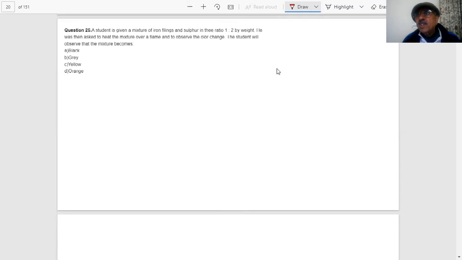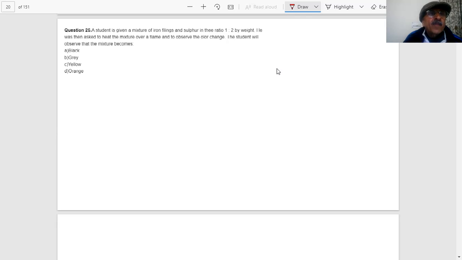Next question on the screen for our students. A student is given a mixture of iron filings and sulfur in the ratio 1:2 by weight, and was then asked to heat the mixture over a flame and observe the color change. The student will observe the mixture becomes: black, gray, yellow, orange.